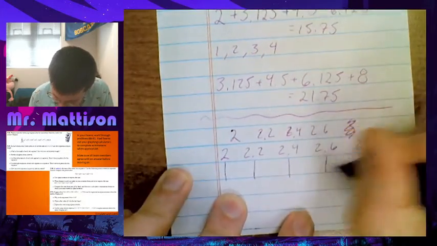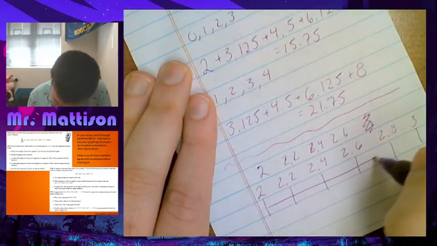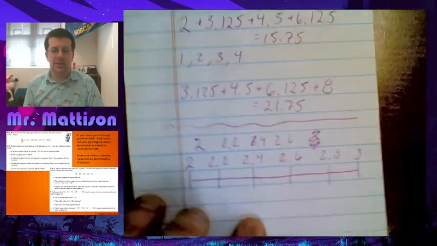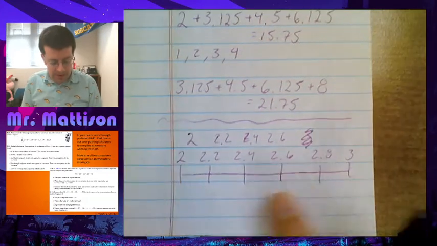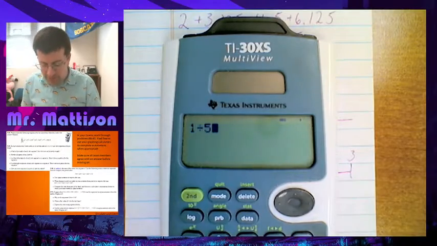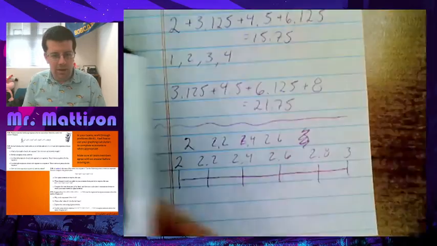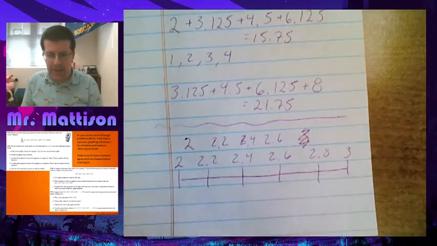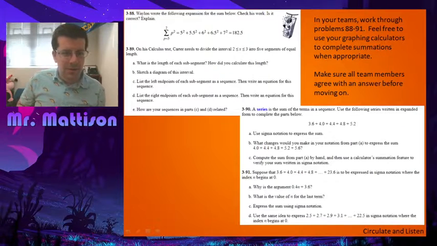If I break up my number line like that, I end up getting 5 even regions. I did that by saying, well, my distance between here and here is 1. So that distance of 1 divided by wanting 5 regions, each region needs to be 0.2 long. So there's the diagram of those intervals.